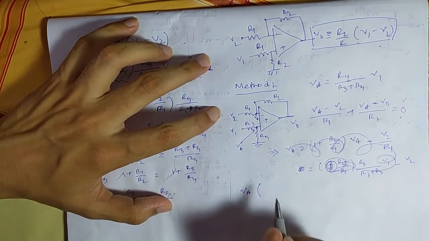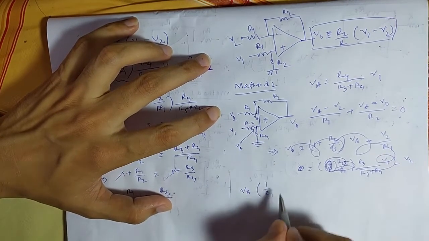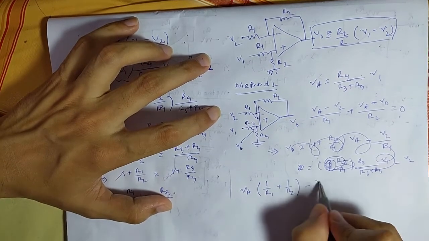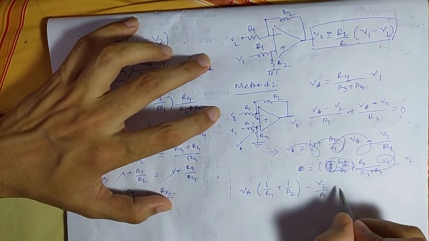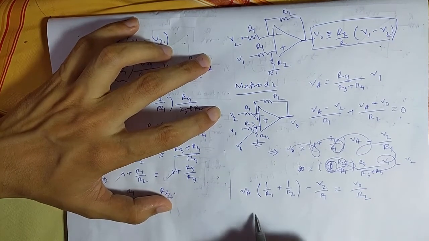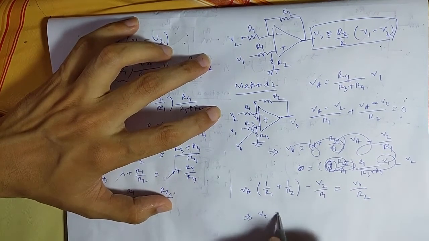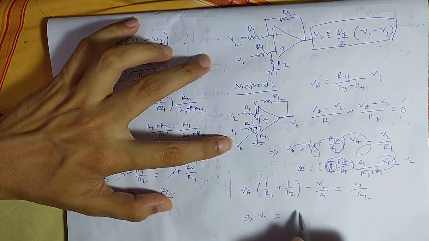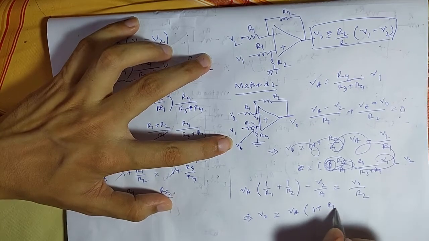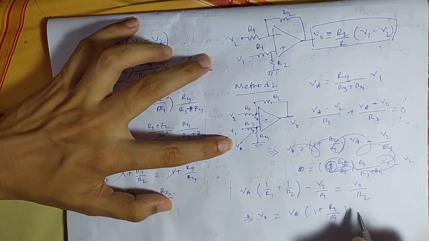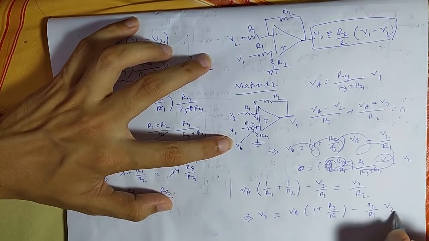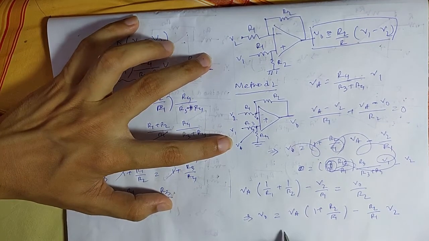Taking VA common, 1 by R1 plus 1 by R2, minus V2 by R1 equals V0 by R2, or V0 equals VA into 1 plus R2 by R1, minus R2 by R1 times V2.